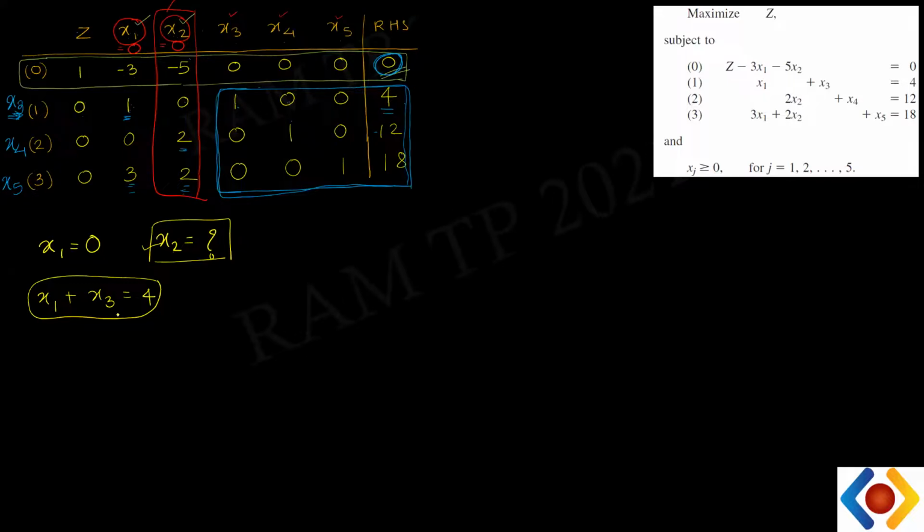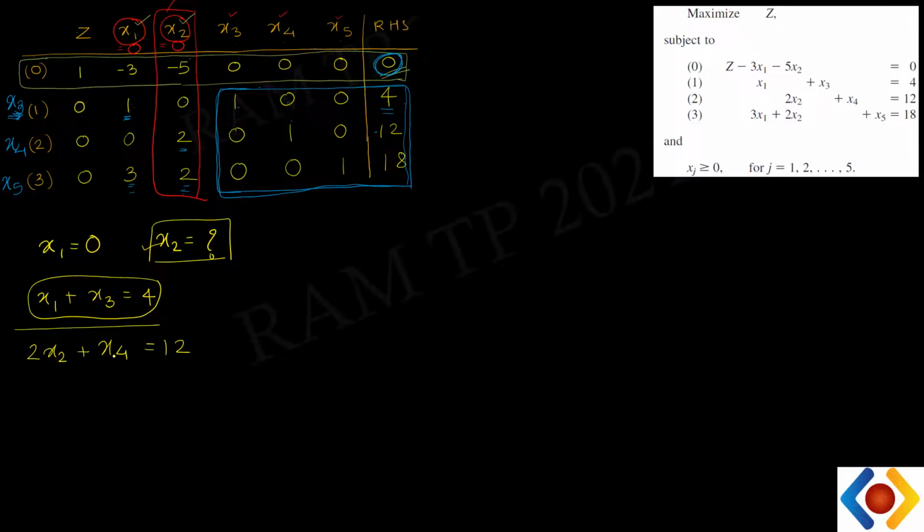No, because x2 is not present here, right? So we don't care about this equation. I move on to the next equation. What is that? 2x2 plus x4. It does matter over here. So if I change anything in x2, this equation will have an effect, right?